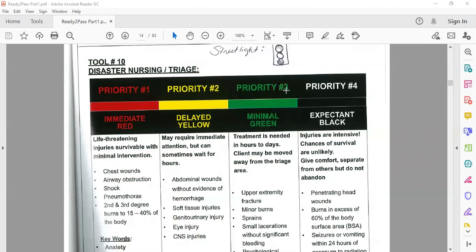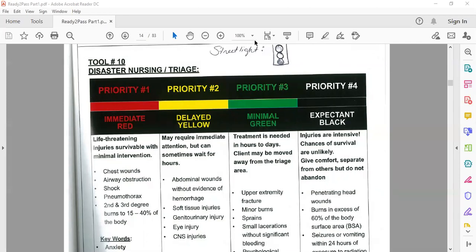So the patient can wait even a few hours and will not die. Class number 4 is expected, black, meaning they die. Whatever you do, the patient will die, right? Expected, or class number 4, or black tag.